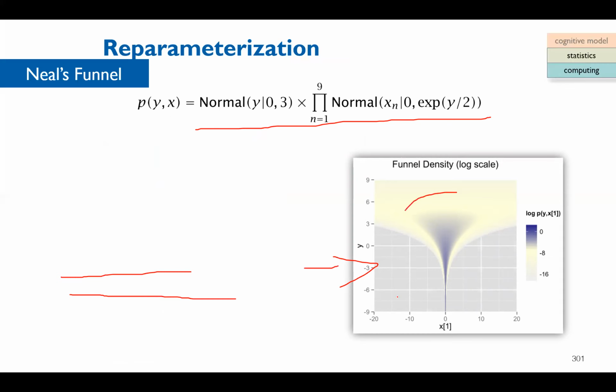And you will see how well or how poorly they sample. You will see the difference. The model is always the Neal's funnel. Reparameterization doesn't change the model per se. It changes how the sampler will sample from the space. And that means the performance will be different according to how we sample from it.